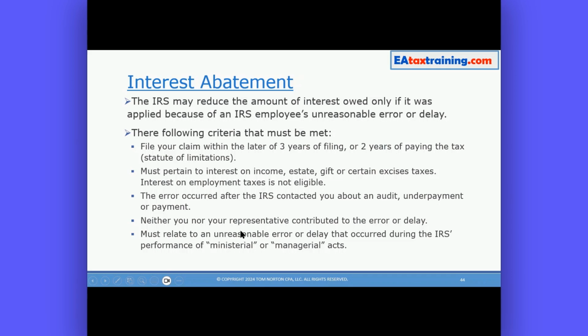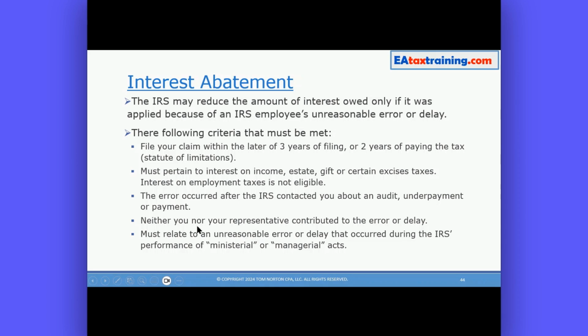So if part of the problem was something that the taxpayer did or that you as the enrolled agent did, that either caused the error or delay or contributed to it, then they will not abate it. Let's say, for example, you call the IRS and you give them incorrect information, and therefore they give an incorrect answer, they make an error.